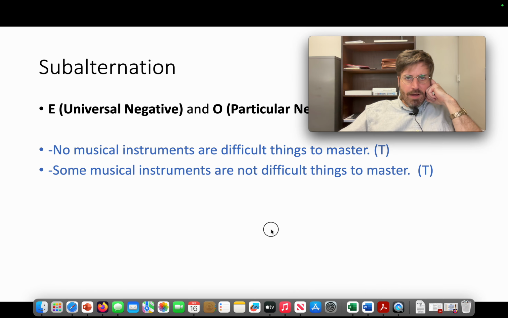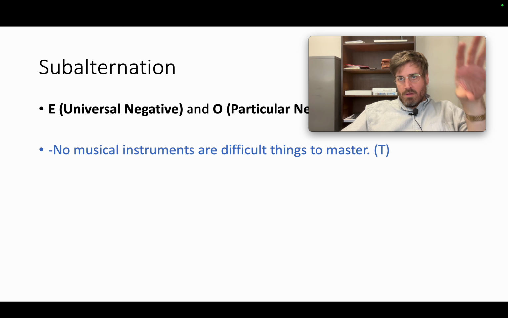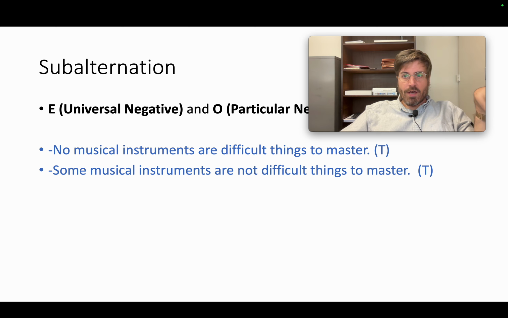If we begin with an E claim that is true, no musical instruments are difficult things to master, we move down the square to generate its corresponding particular, the O claim. The sentence becomes: some musical instruments are not difficult things to master. We know that that is true as well. That is an immediate inference that we can make because truth flows down on both sides of the square of opposition.